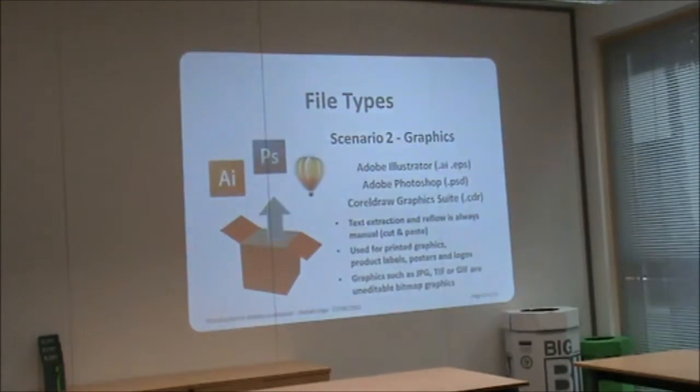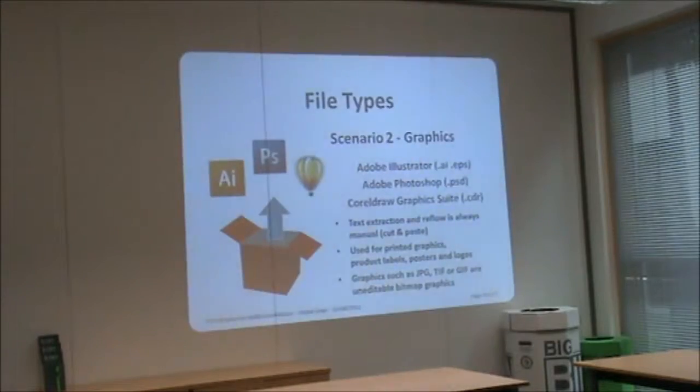And these, like I say, are created for graphics. Illustrator is predominantly for graphics only, really, and it's for creating vector graphics. And vector graphics are graphics where data within the graphic is made from points and lines, basically.